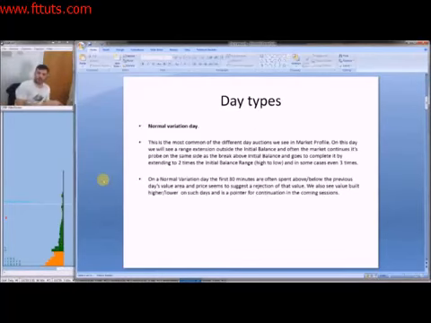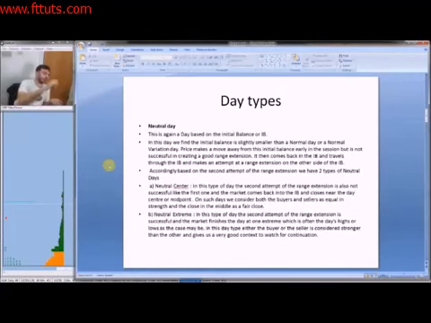A normal variation day has somewhat of a smaller initial balance, but by the time we get down to a neutral day, that should have an even smaller initial balance. So the size of the initial balance within the first hour of trade is a key barometer and a key indicator as to what type of day we are likely to get at the outset.